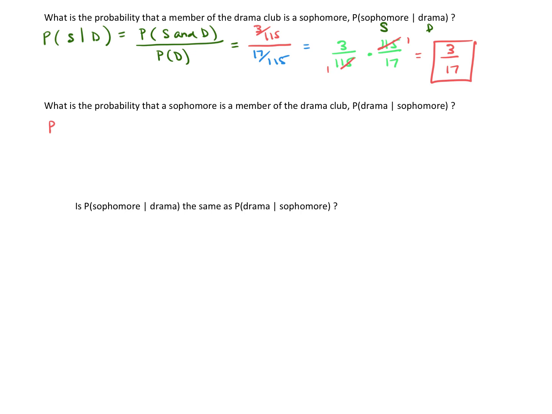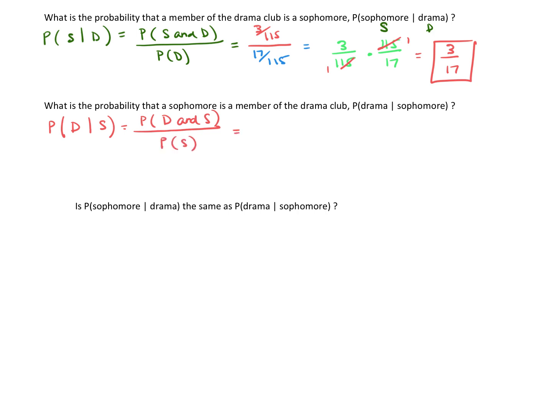The probability that the student is in drama club given that they are a sophomore. Following our conditional probability formula, we have the probability of D and S divided by the probability of S.